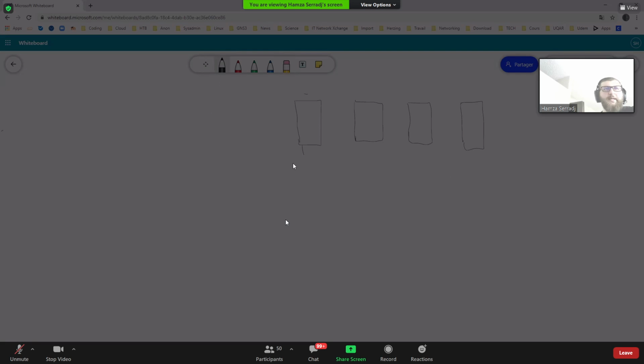So now I know that I have this input, that it's 8 bits. So this is the input. You see the arrow is going inside. I know that I will also have the output.